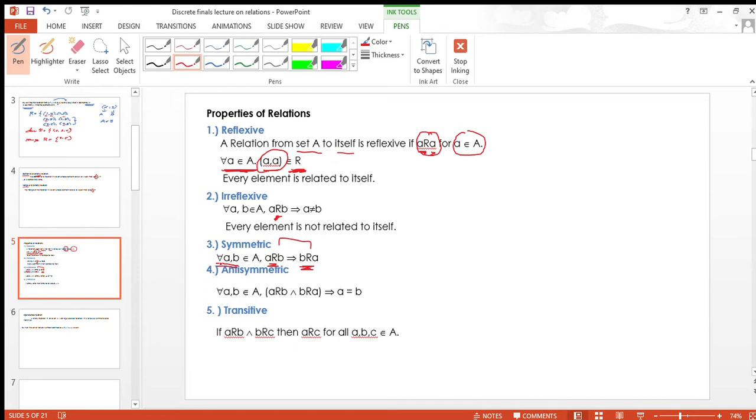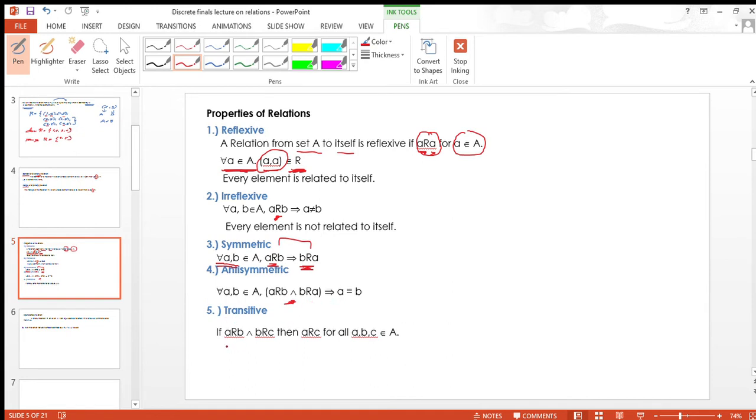So for the symmetric, for all a, b as an element of A, if you get a and b, apply the relation, this should imply that b is related to a as well, okay? But if you now look at the antisymmetric, for all a, b as an element of A, and you get aRb and bRa, this implies that a is equal to b, okay? So the difference here is, you get aRb and bRa. This should imply that a is equal to b.